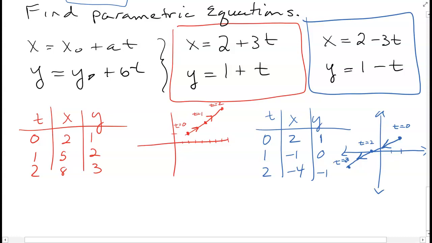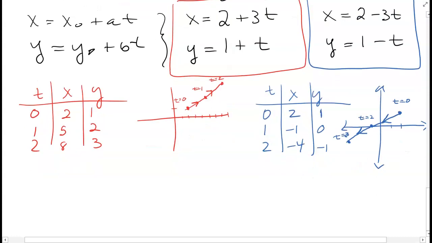They might mention orientation. But notice you have the same line, but the parametrics give you a piece of the line along with an orientation of the line. So this set of parametric equations is a little bit different from this set of parametric equations, even though they represent ultimately the same actual equation.